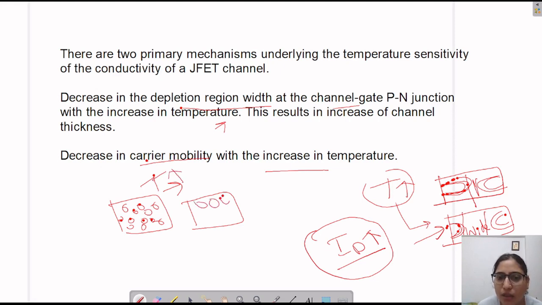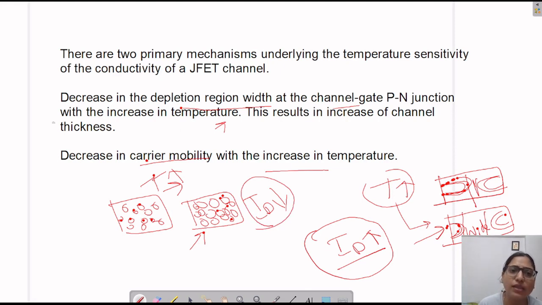It means now the charge carriers are dense with each other. The free-flowing path of the carrier flow is interrupted. If the carrier collisions increase, it means the mobility will decrease. If this mobility is decreasing, it means the ID current will decrease. So in the first case, ID current is increasing, and in the second case, the ID current is decreasing.